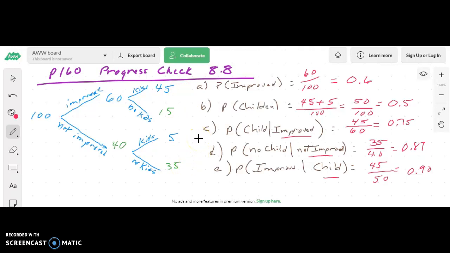So if I were to select somebody in this study at random, I'm going to get either somebody who found improved relationships and had kids, or improved relationships and did not have kids, or did not feel that they had improved relationships but had kids, or not improved relationships and no kids.